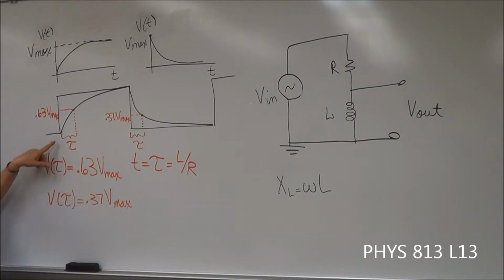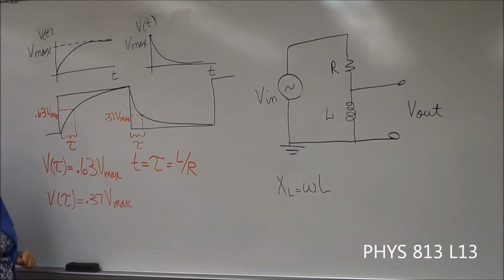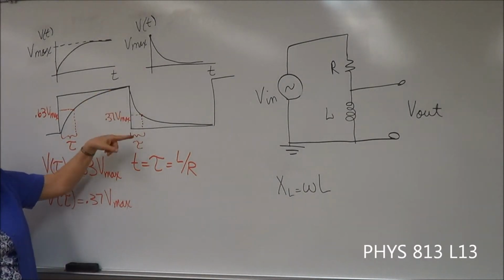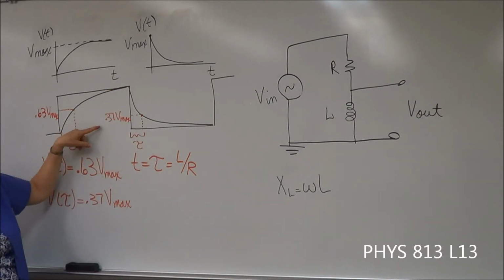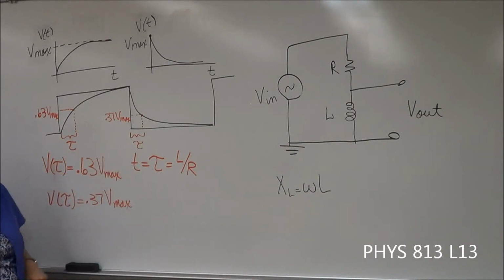But the theory is that the voltage will build as long as the voltage is applied in a particular direction, then it will build across the inductor to its maximum value. At one time constant, the voltage will be 0.63 of its maximum value, and then when you take the voltage source out of the circuit, the current will die off, and you will end up at 0.37 times the maximum voltage at one time constant. So I have those things here. I also wrote the time constant there.